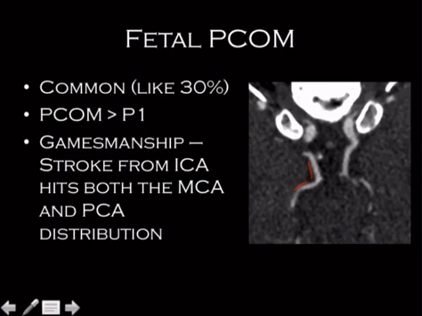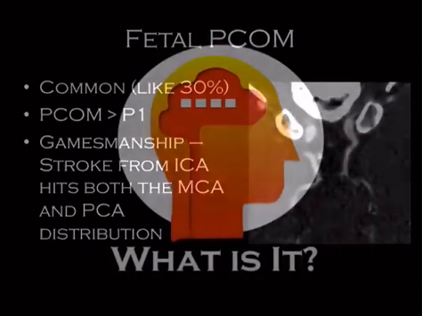Why does it matter? Well, if you had a stroke and the ICA is occluded in this region here, it's possible to have a stroke that involves both the MCA and PCA distribution on the same side. That could be a sneaky way, shown on diffusion, to infer that there is a fetal PCOM. Also know that this is very common, like 30% of people have it. You see it all the time.